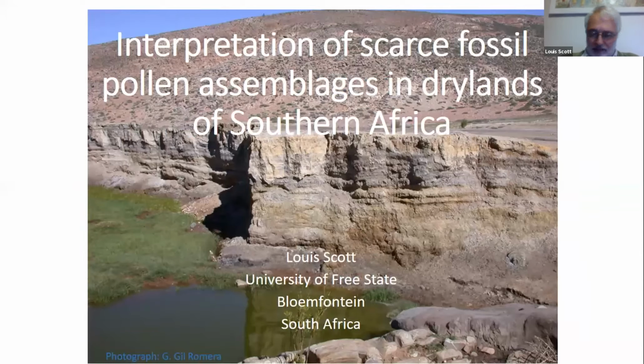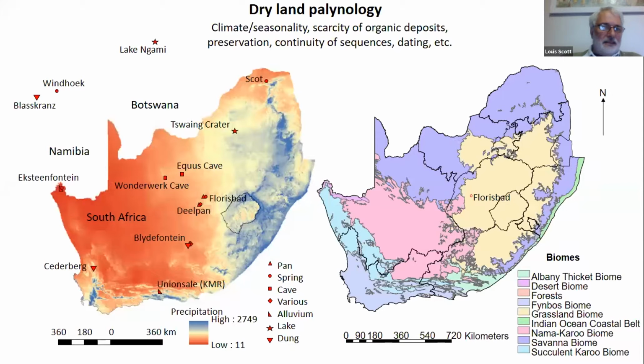In the background there of my title page, you see a site in the dry parts of Africa. That is Extienfontein. You will see it on the left there, where the location is. But this map is supposed to show you the few sites we have in the arid parts of Africa.